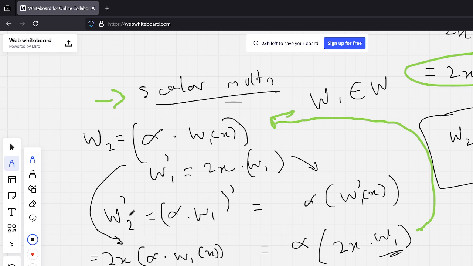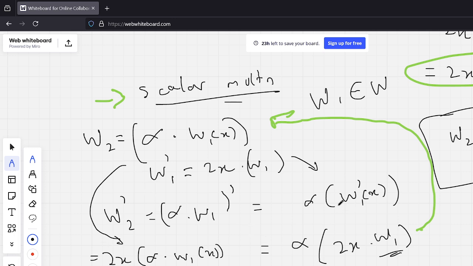So we take the derivative of W2, and we get alpha times the entire derivative of W1. And we know that we can just bring this out because it's multiplied by a function, just like how with 2x, when we derive it, we don't really change the 2. It's the same way because this is also a constant.